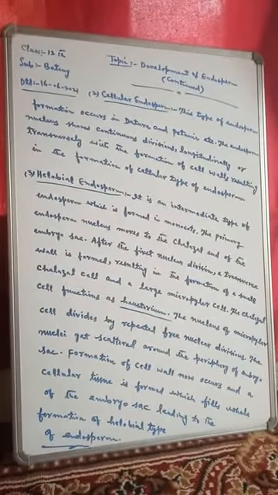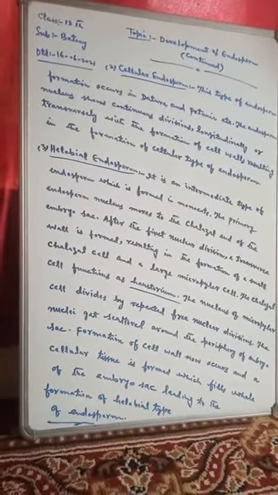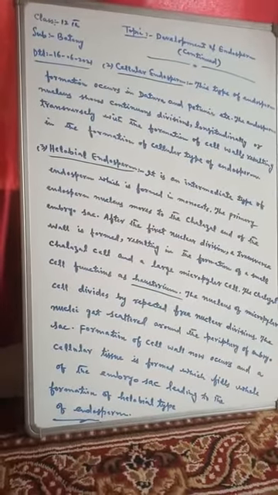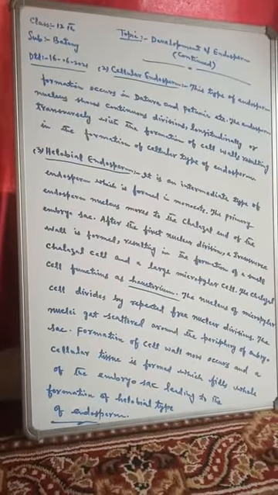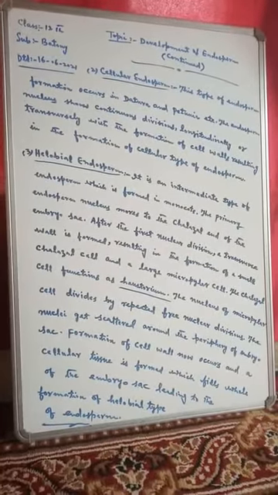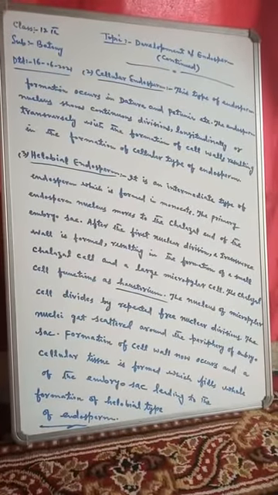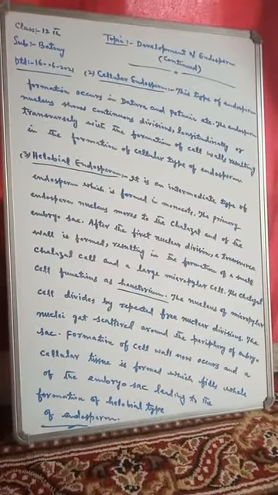Now today we will discuss two more types of endosperm. One is the cellular endosperm and second is the halobial endosperm. Regarding the cellular endosperm, this type of endosperm formation occurs in plants like datura and petunia.